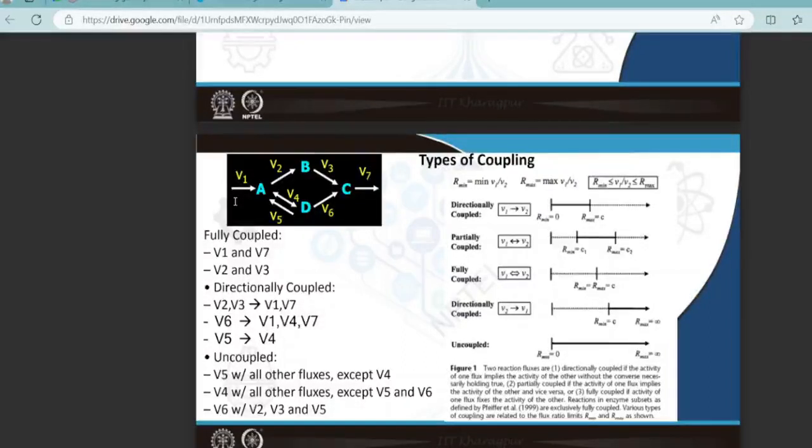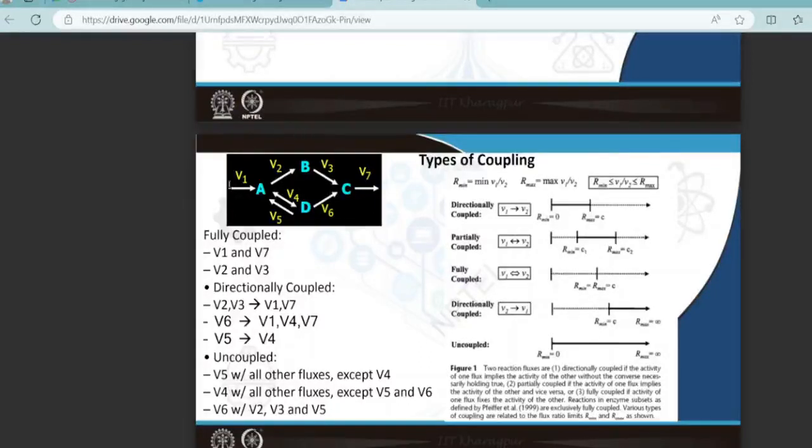But if you consider, for example, V6 and V3, you know that both of these produce C. These fluxes produce C, but you don't know the origin of the fluxes.